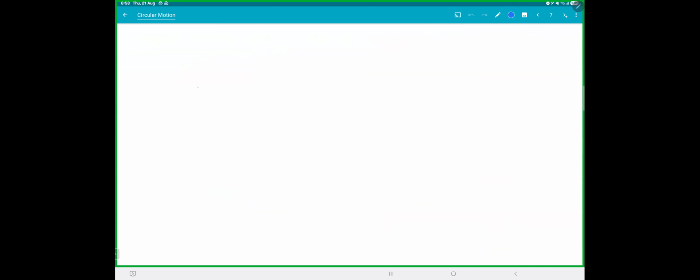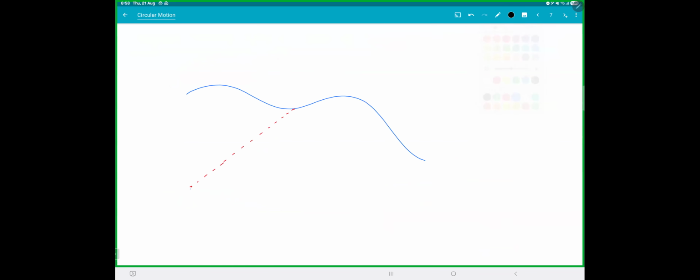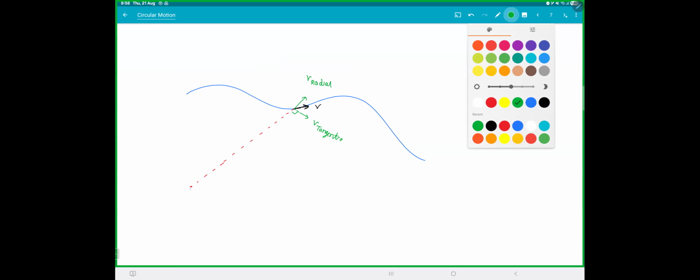So just to give an idea there, if a particle is not going in a circle, it's going in some random path, you can actually split this velocity into two components. So this guy is going like this with v. So this can be split into two components. This will be v tangential. And this will be v radial. So v radial is responsible for changing the r vector.